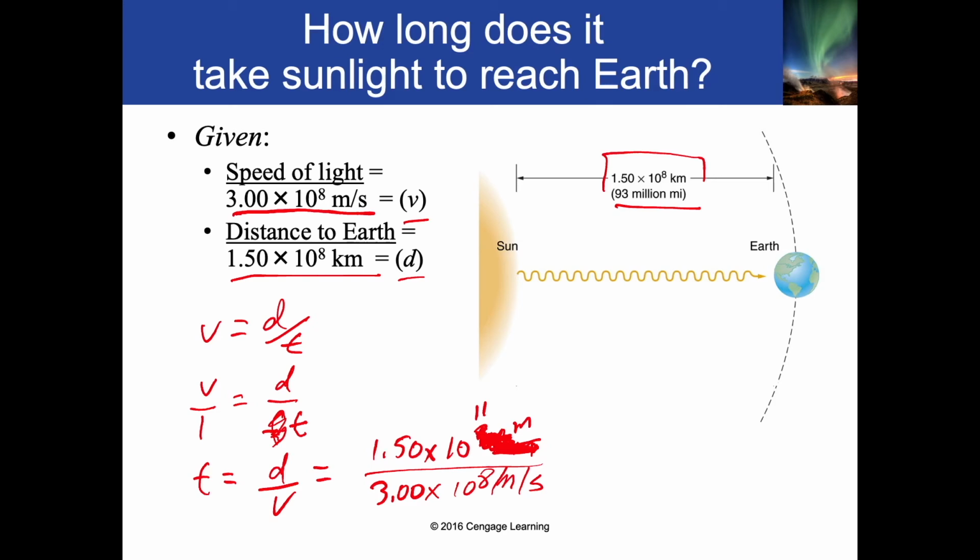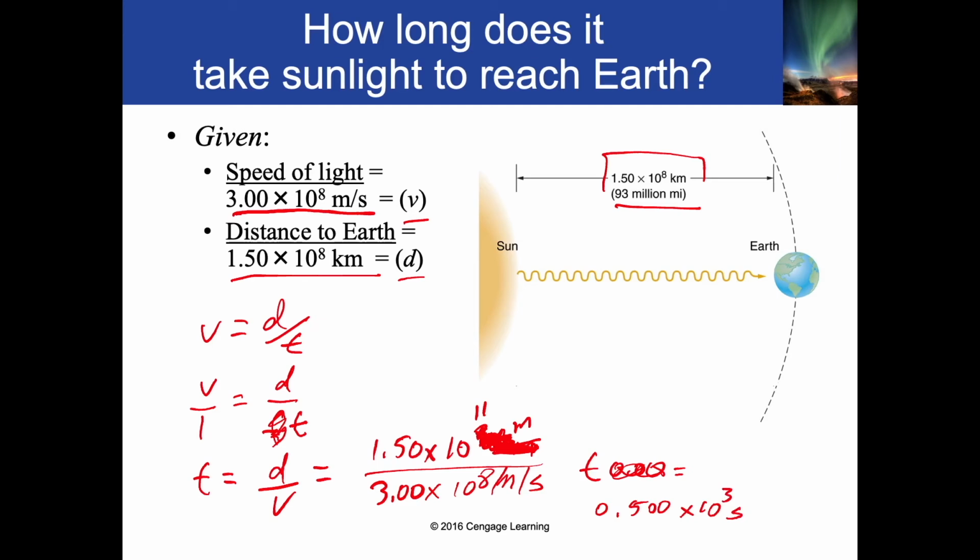It's the same thing. Anyway, so we calculate that out, and we get t to be 0.5, right? Because it's literally half. T equals 0.500 times 10 to the third seconds, right?